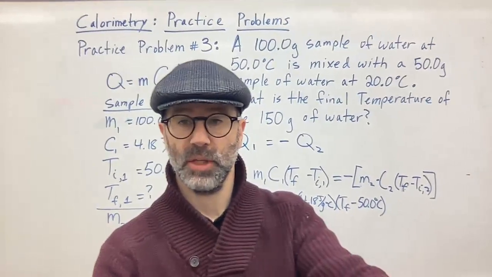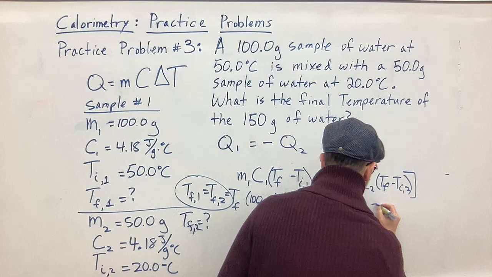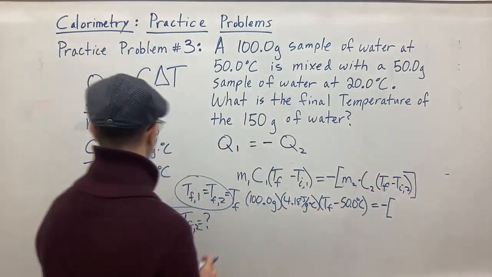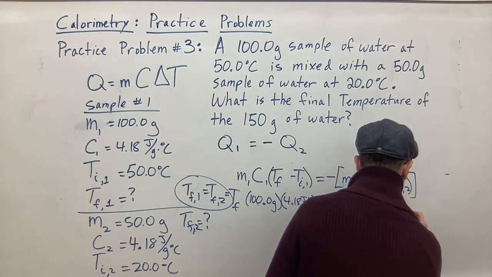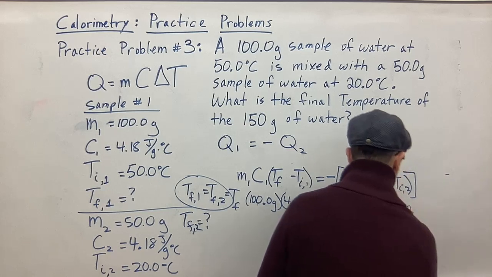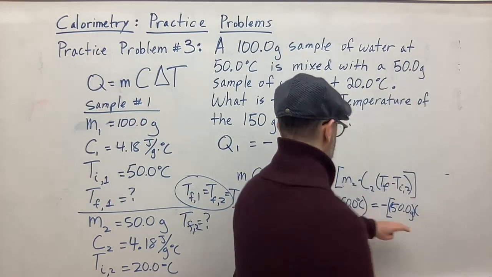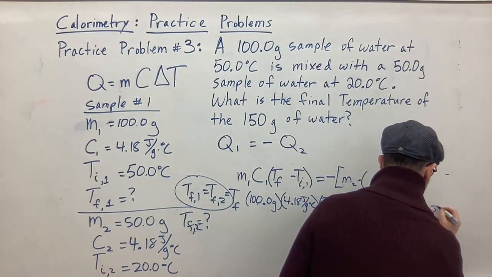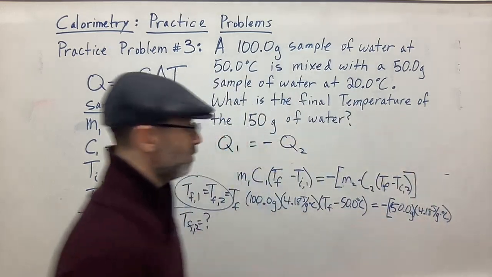Let me move this over to give us some space. So that's going to be equal to the negative of this. So the mass of our second sample is 50.0 grams, multiplied by the specific heat of water again, which is 4.18 joules per gram degrees Celsius.